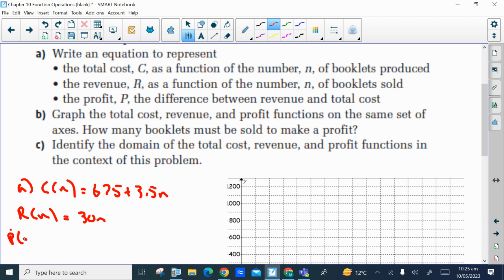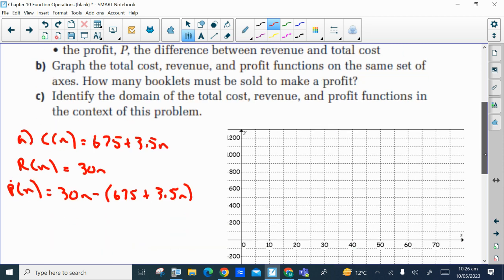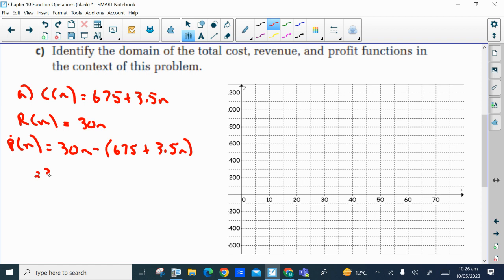And our profit function is revenue minus cost. And again, all of the cost function is subtracted, so it's in brackets. That changes all the signs inside. And then we can collect the n's together.